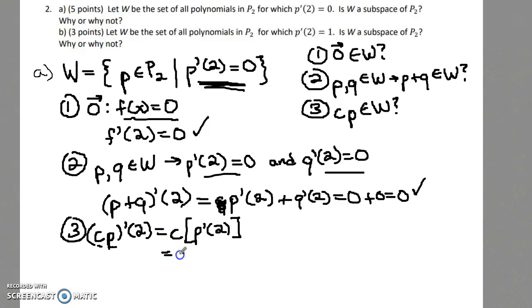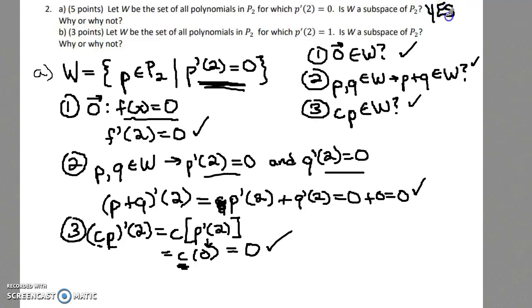And so this would be equal to C times 0. If P is an element of W, then the derivative at 2 is 0. And so no matter what the scalar is out front, we're multiplying by 0, so that product is 0. So yes, the collection in A does meet all three of these requirements.